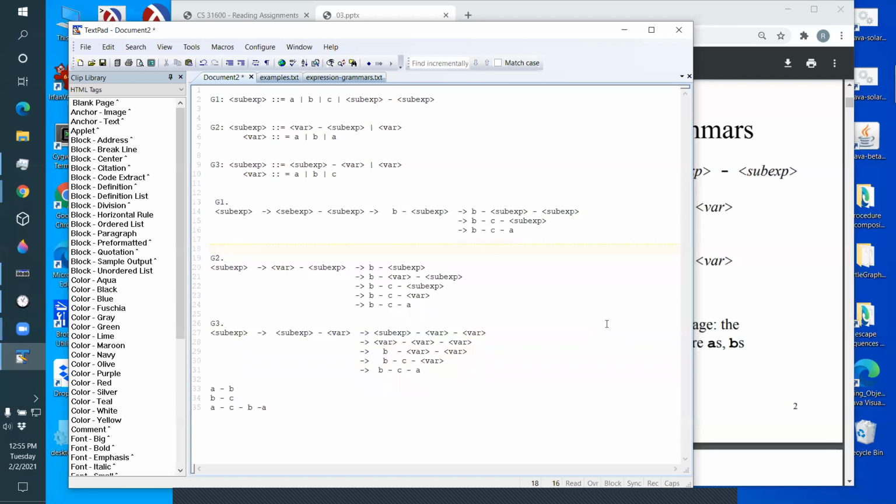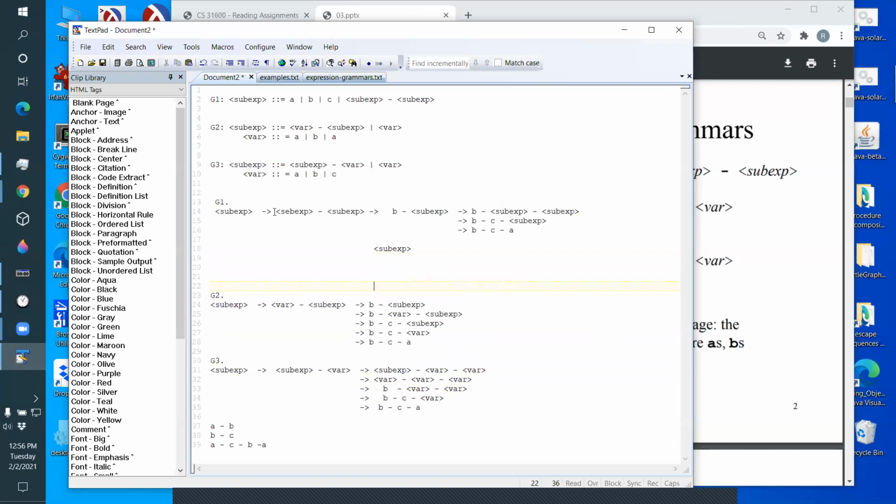So in between here, I'll put the tree for this one. At the root of the tree is this guy. Then it expanded to a left branch and a right branch.